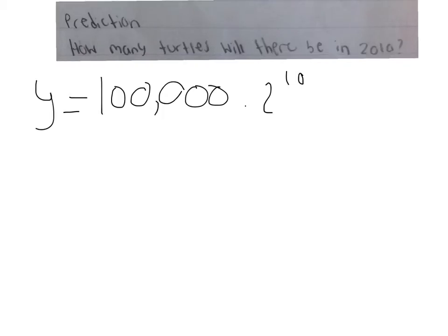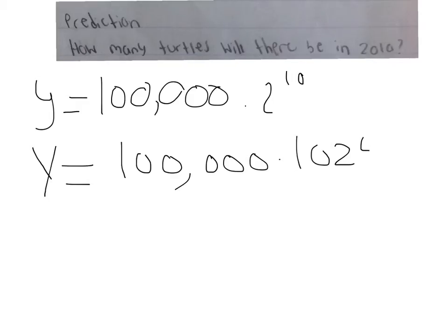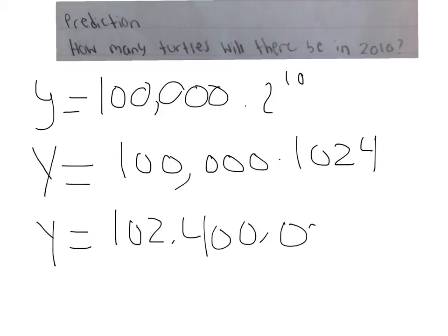Then I solved what 2 to the 10th power was, and that equals 1,024. Now you do 100,000 times 1,024, and that equals 102,400,000 turtles in 2010.